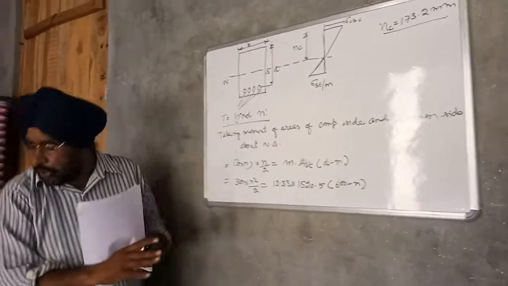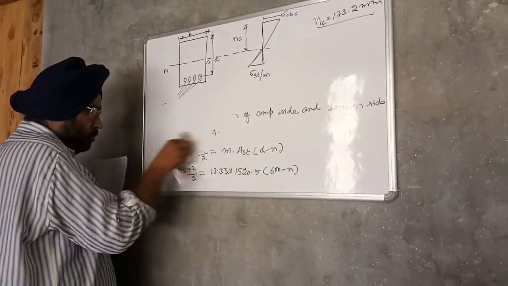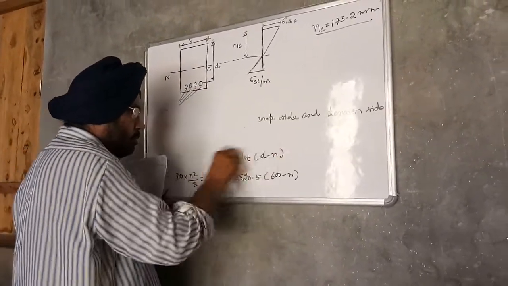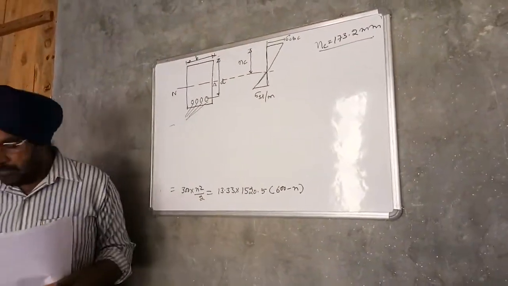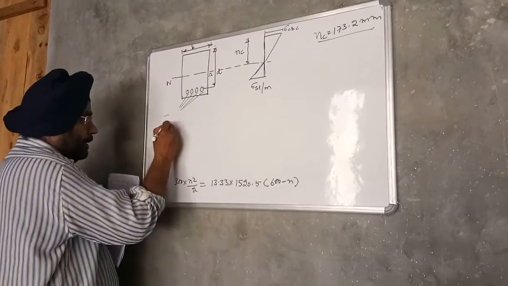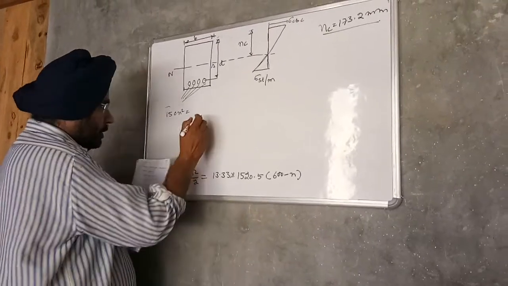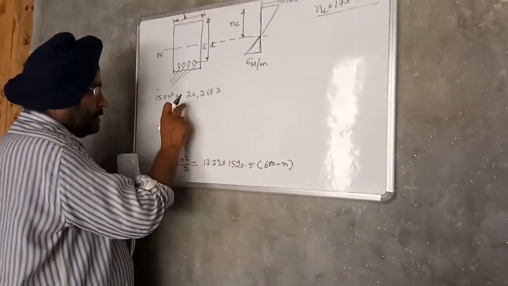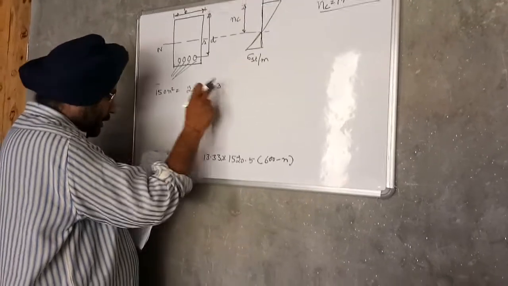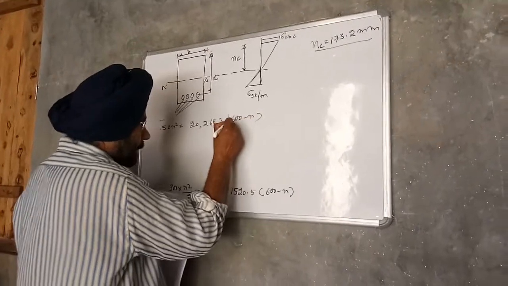By solving this, we get 150 n square equal to 20,268.3 into 600 minus n.